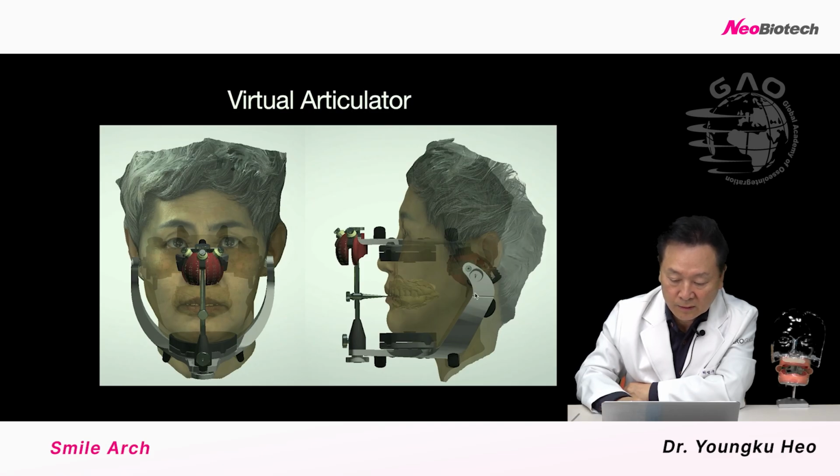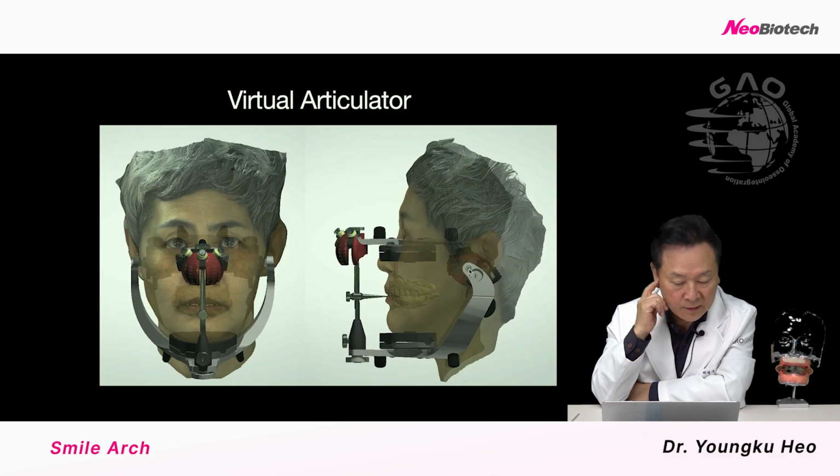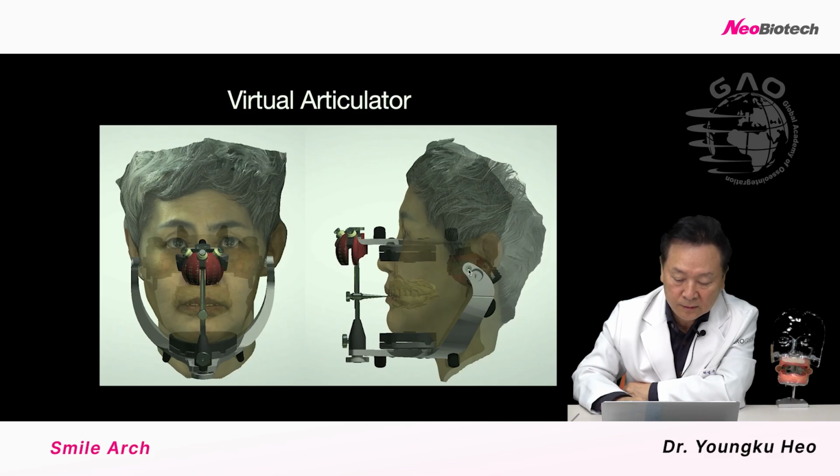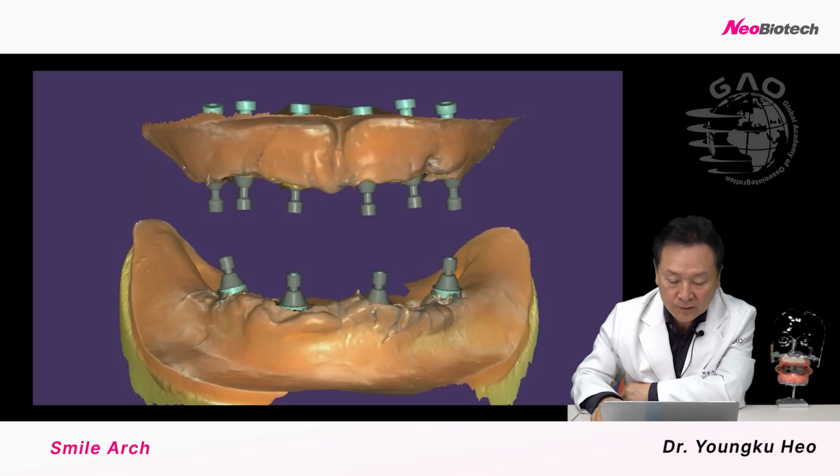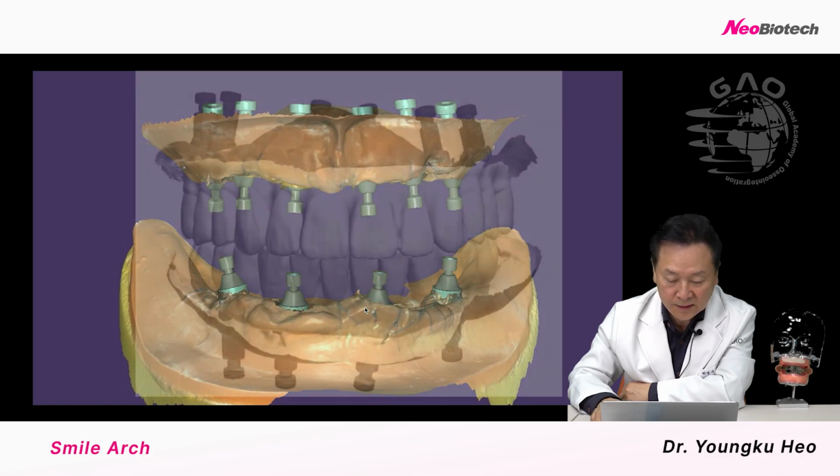So we determine the mandible, condyle position, so that we can move the mandible up and down, or we can change a little bit the vertical dimension. So in the end we'll get this kind of virtual mounting. Then it's easy to design the prosthetic part.